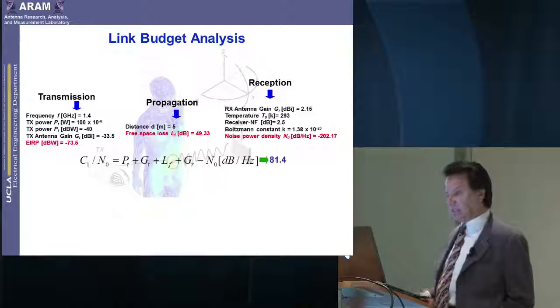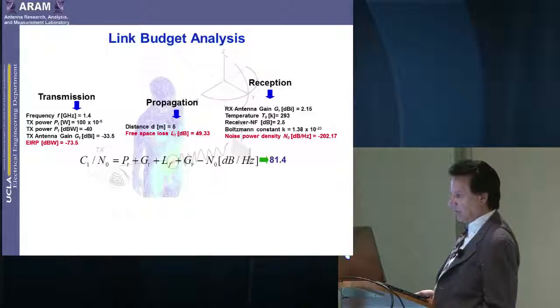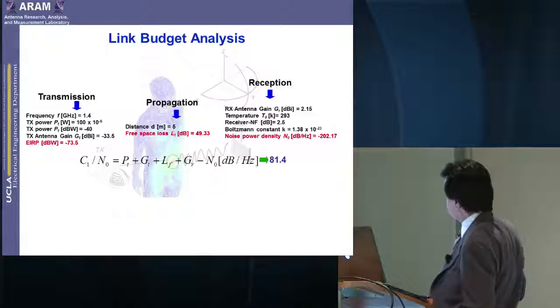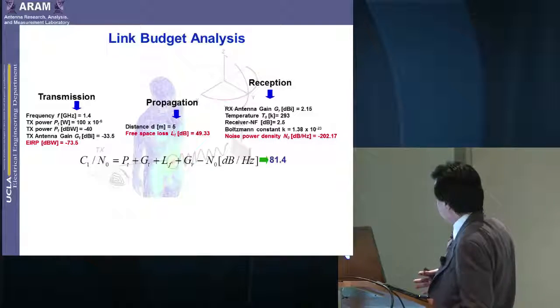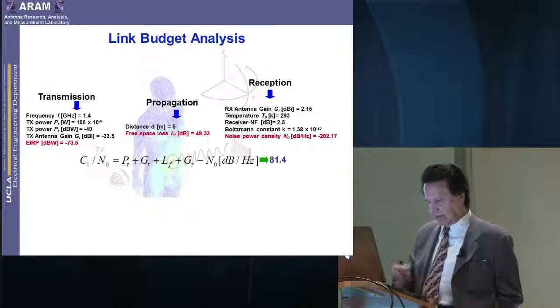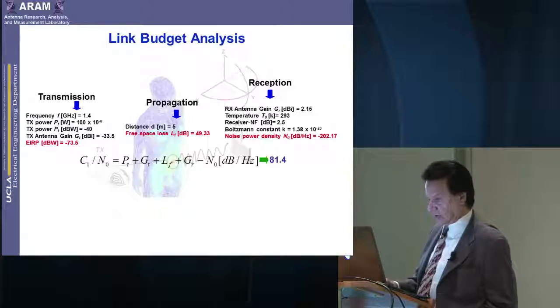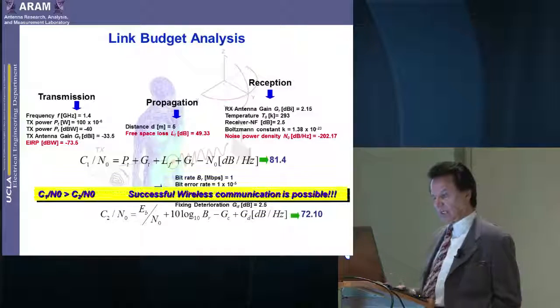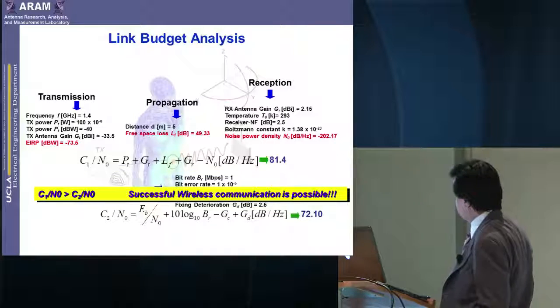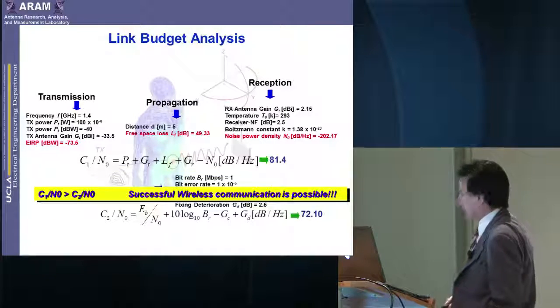For this class of application, people are not looking for very high data rates. We are looking at data rates maybe in the regime of megabytes and things like that. So when you look at your link evaluation, you have to see if you have enough margin to be safe.